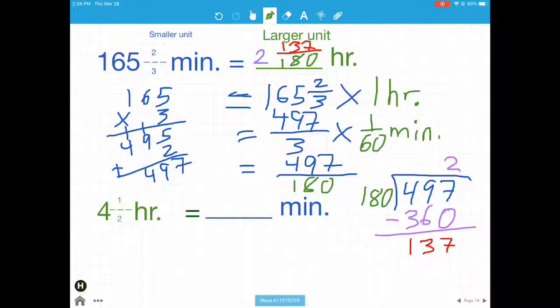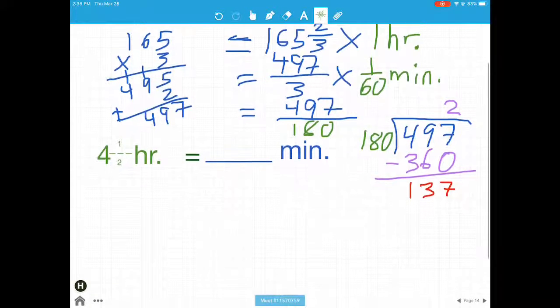I know that's a huge number. I understand. I just wanted to prove a point that when you're going from smaller to larger, you're actually multiplying times a fraction. So we need to know how many minutes are in an hour, and we're creating a fraction for that. Okay? All right, so let's do it the other way and see what the difference is.